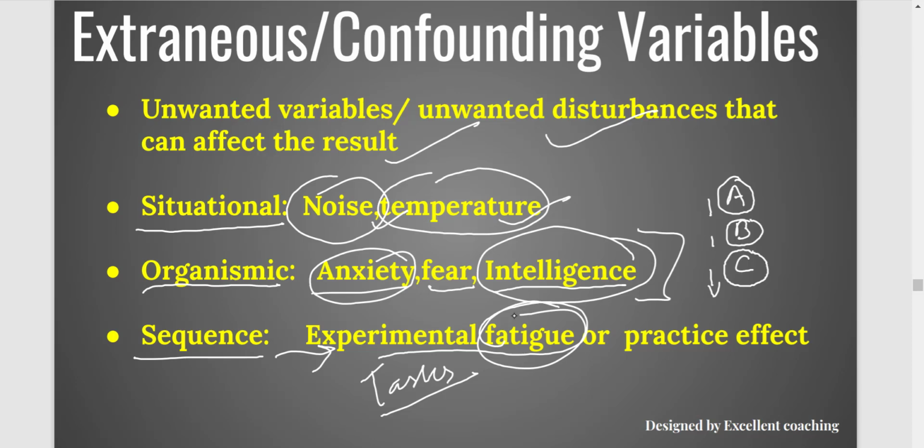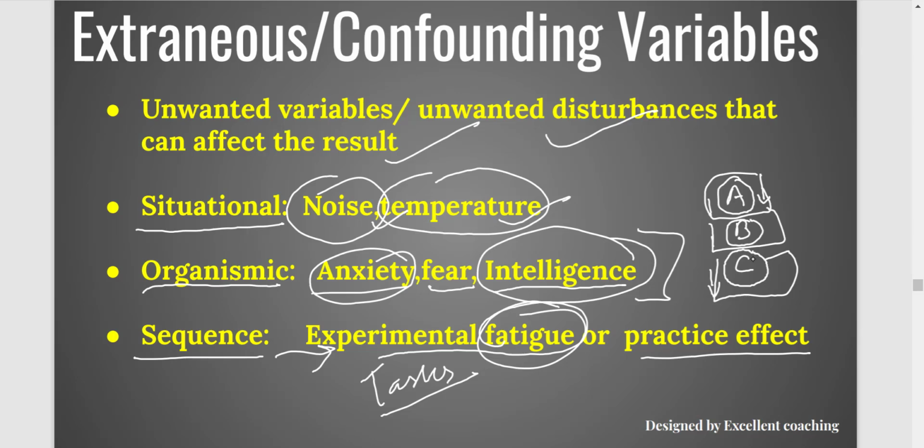Another thing that can happen is the practice effect. What is a practice effect? If you are giving the same task to do again and again, suppose you are giving them certain words to memorize, what will happen? The first time they will give certain responses. Second time they will have had practice and will give you a better response. Third time they will have more practice and you will get a much better response.